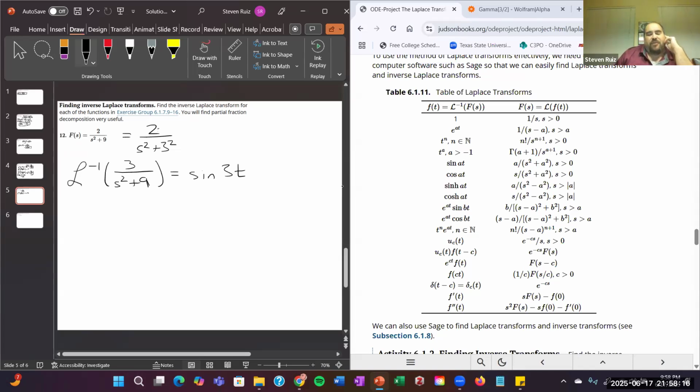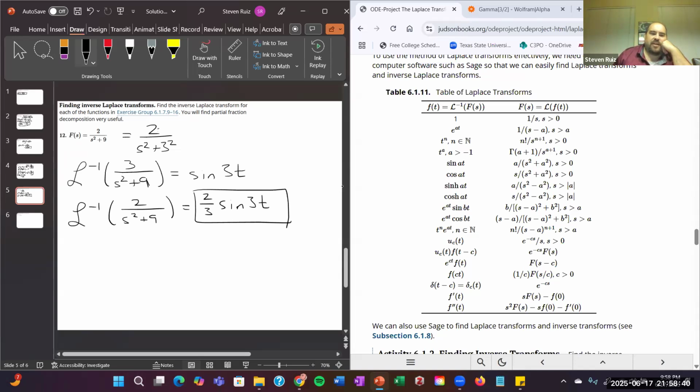My numerator is 2, not 3. So I essentially have 2/3 of that. Because of that, I'm still going to have sine of 3t, but I have to multiply that by 2/3 to account for the fact that I have 2 in my numerator instead of 3.